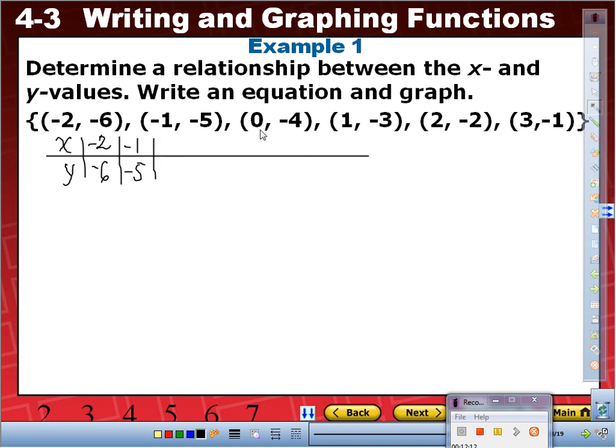What is the next one? 0, -4. Do you know how to fill in the rest? Okay, copy that and finish up the rest, please. All right, so to finish this, the next one is 1, -3. The next one is 2, -2. And the next one is 3, -1.